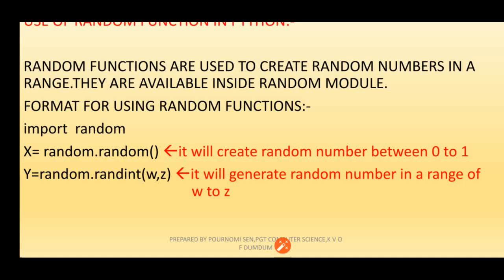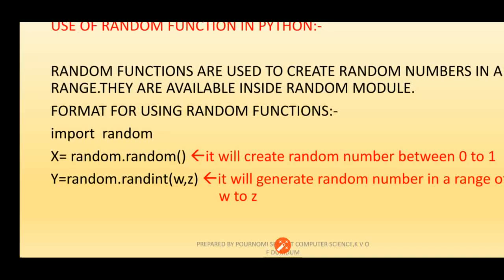So if you are creating a number between 0 to 1 where you cannot include 0 and 1, definitely you will be generating a floating point number, a decimal number. So it will generate a random floating point number between 0 to 1.